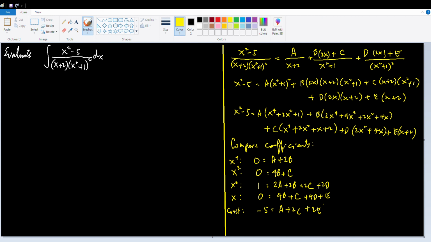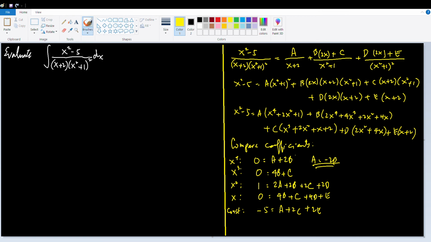So we have 5 equations in the unknowns a, b, c, d, and e. We can replace all a's by negative 2b, eliminating one of the unknowns, a.